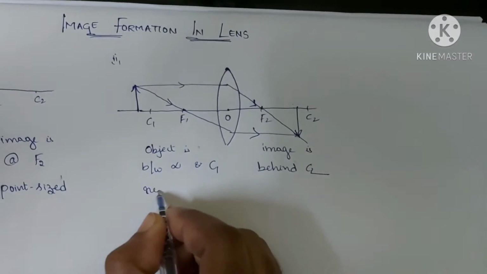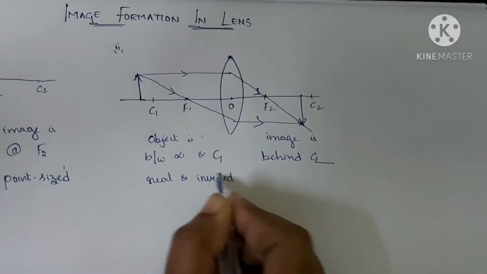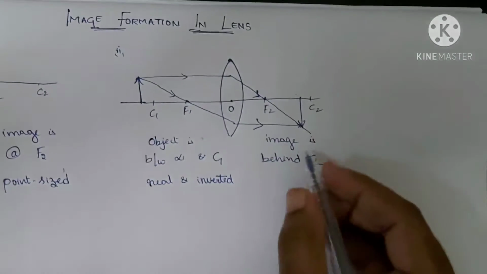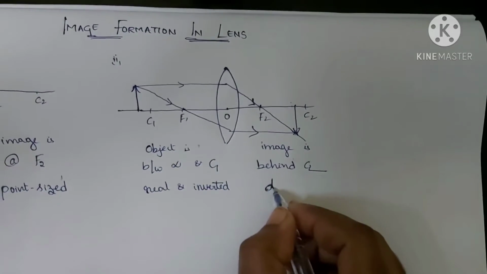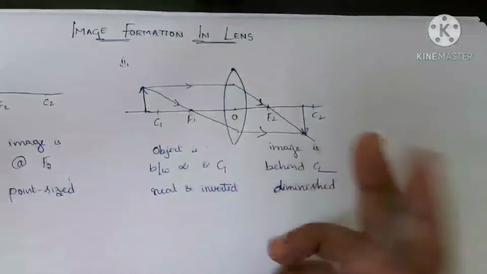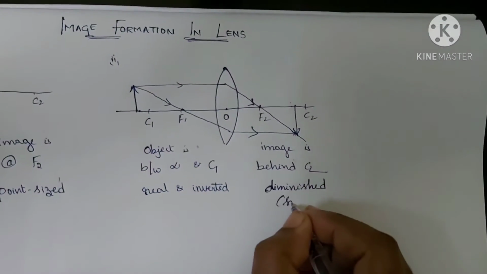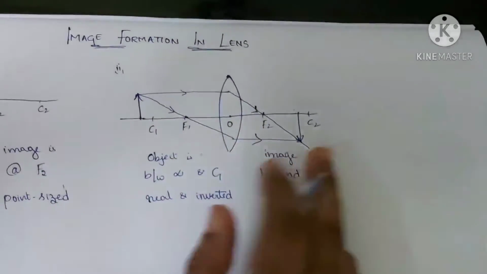And what will be the nature? Again real and inverted. What about the size? The size will be diminished. It's not drawn in a proper way, but you can see it will be smaller than the object. Clear?